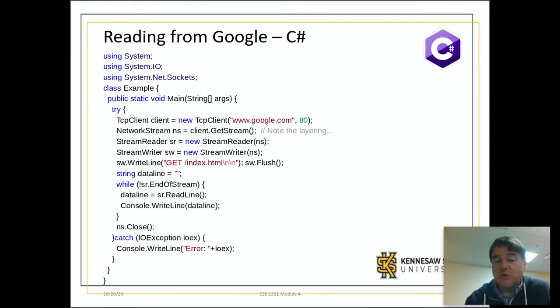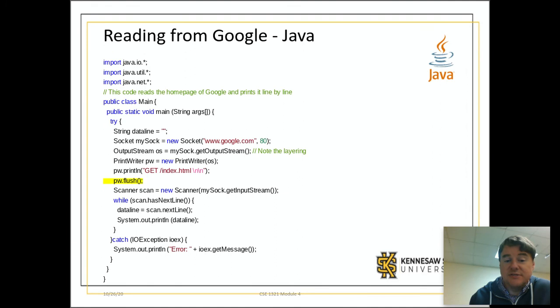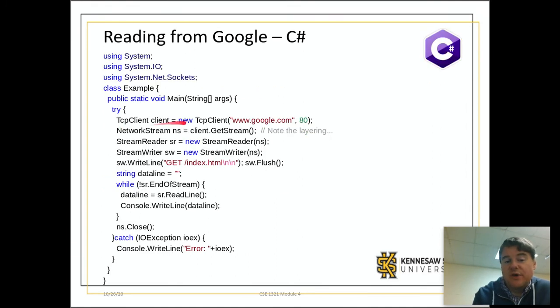All right, the equivalent code is here in C#, and the only thing that's really different here is instead of using a socket, as it's called, we actually call it TcpClient, and that's because in C# they differentiate between a TCP server and a UDP server, whereas in Java they are both considered sockets.